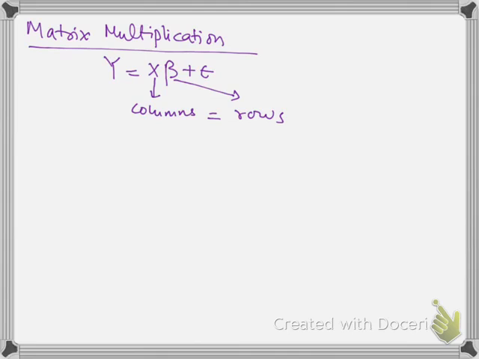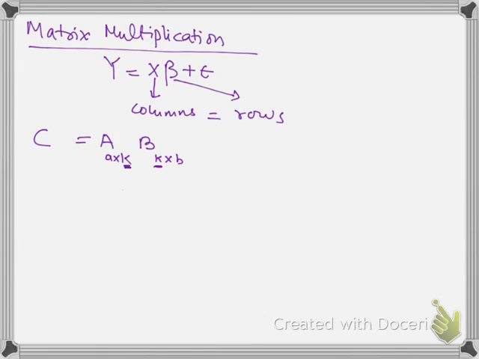So let me put it this way. If you multiply A by B, where A is a cross k, and B has k cross b dimension, then the inner dimensions k have to be the same, right?